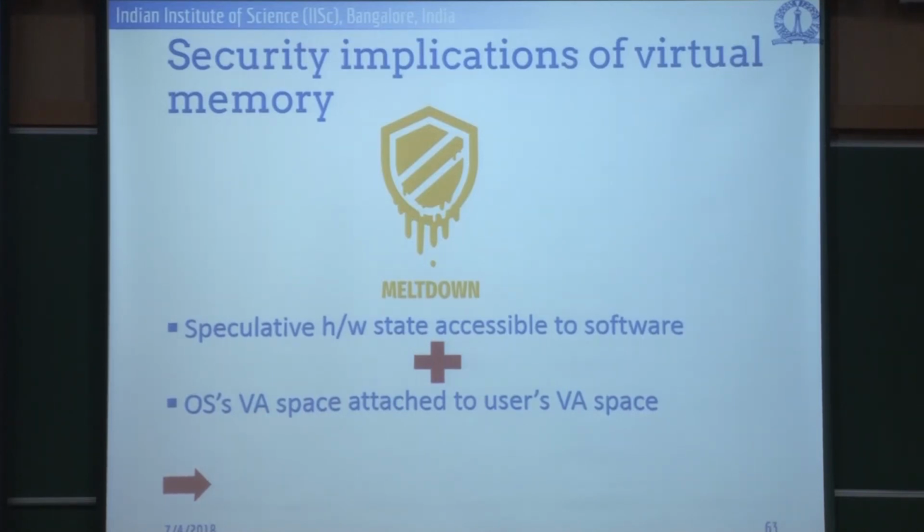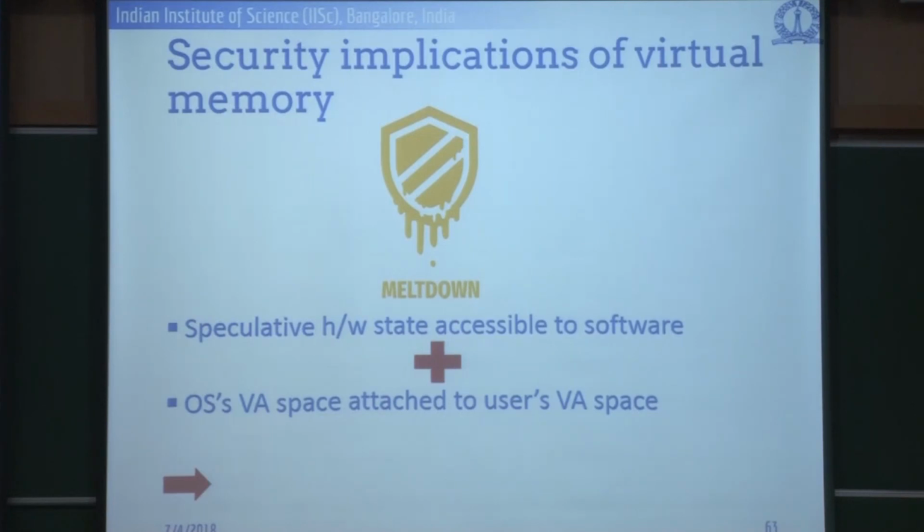But at the same time, they could use it to access kernel operating system information from user space, which should never happen. In the virtual memory design, the kernel page table that we talked about is attached to every process's page table, and it is done for performance reasons, so that switching from one process to another takes less overhead. Otherwise you have to switch the address spaces, the CR3 register, flush TLBs, and so on.